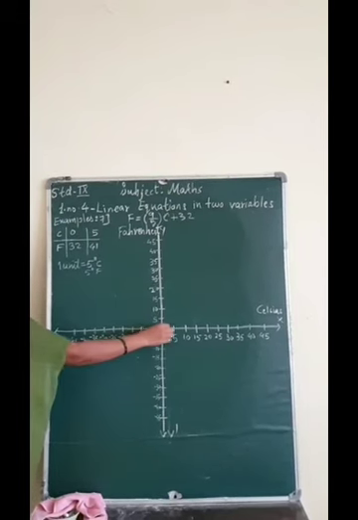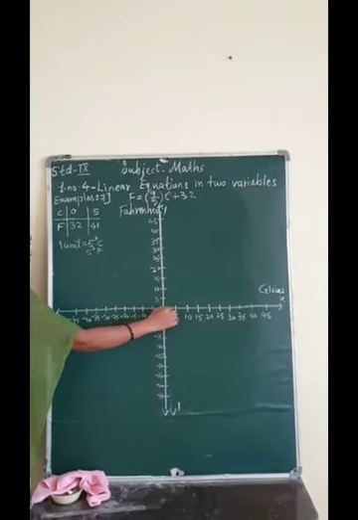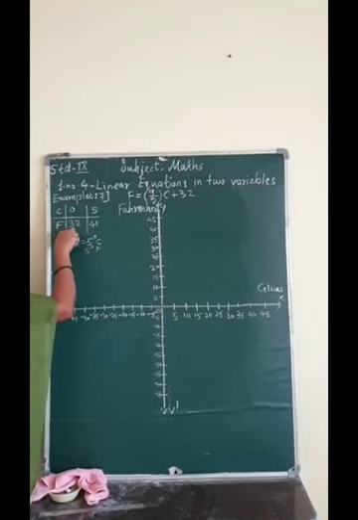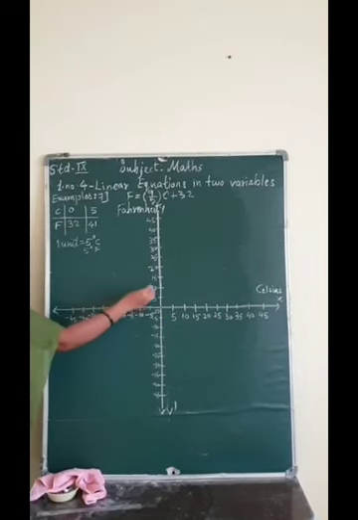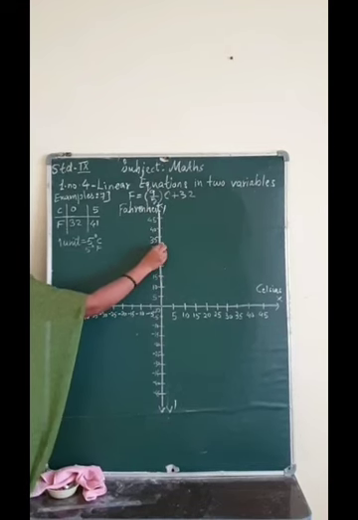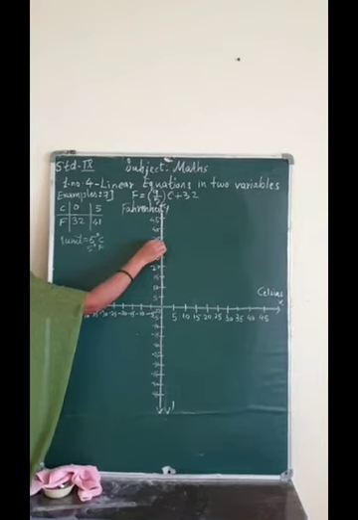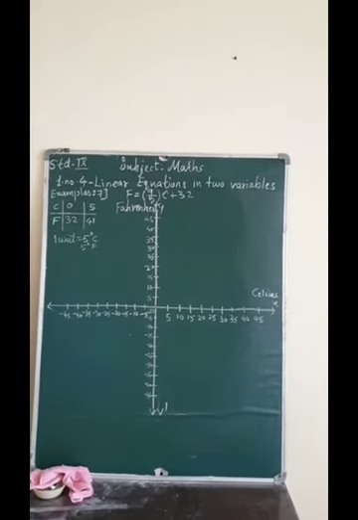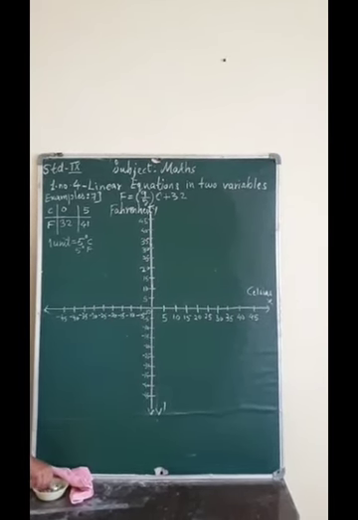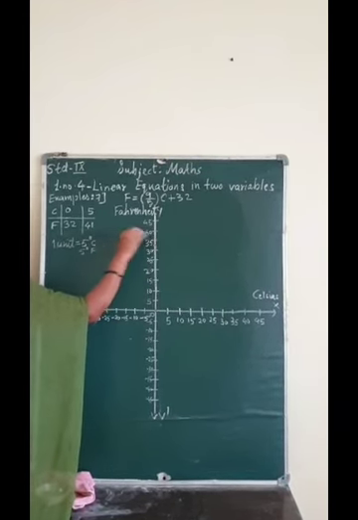Now, you have the smaller squares in 1 unit. So, when we write 32, here we have (0, 32). After 30, you have to take the 4th line. So, 32 will be here.